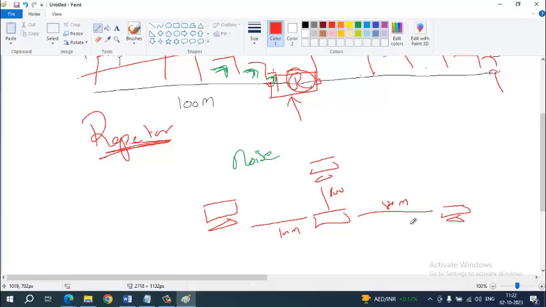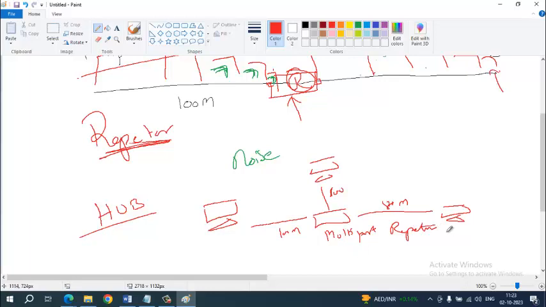Third device, where will I connect? I don't have an option. So there came another repeater, but we don't call it a repeater. It is called a hub. A hub is a multi-port repeater.